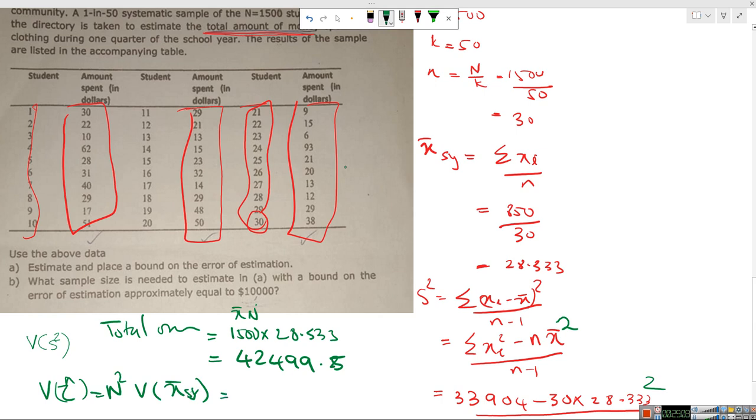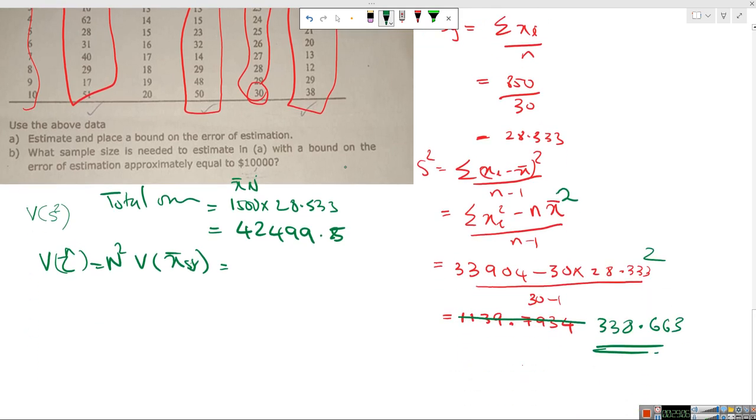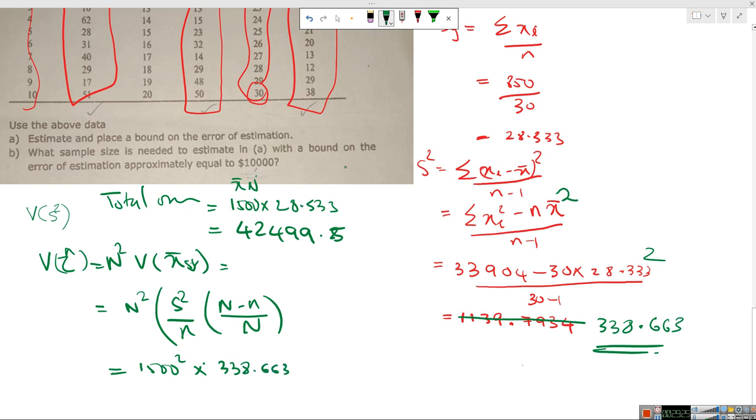So this is equal to N squared into, for systematic sampling, s squared divided by n, times N minus n divided by N. So now 1500 into s squared, which we have calculated, 338.663 divided by n.